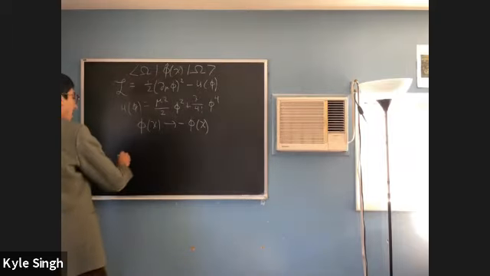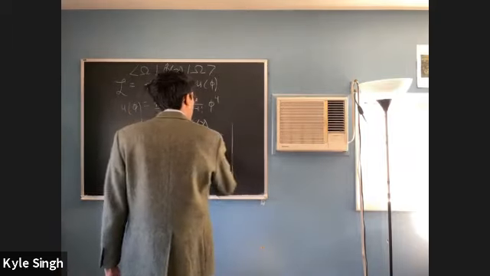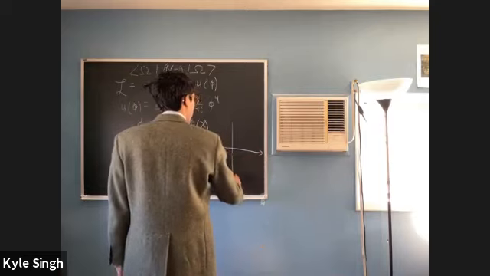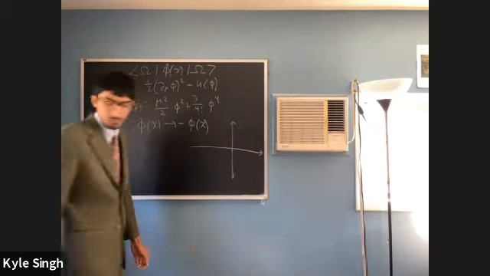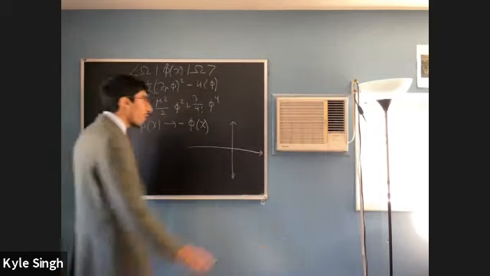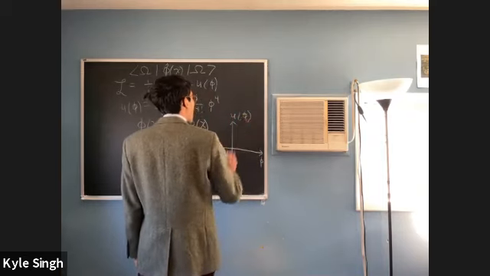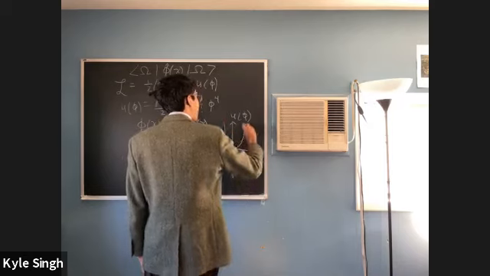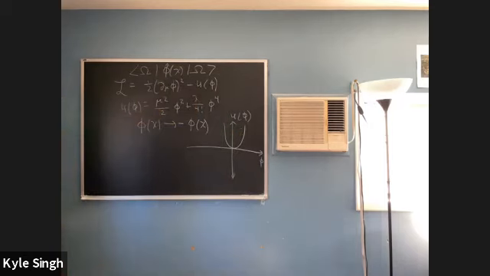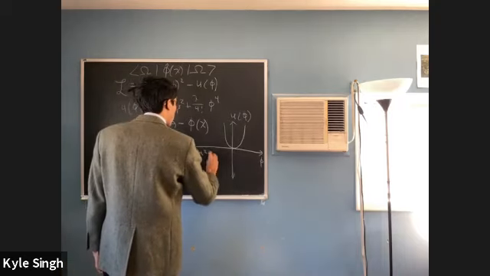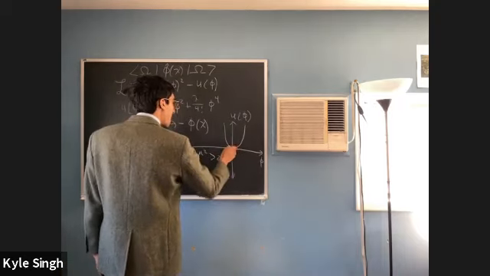Let's draw out how this potential looks. If I put φ on the x-axis and U(φ) on the y-axis, I get a potential that looks like this. If μ² is greater than 0, then I have a minimum.